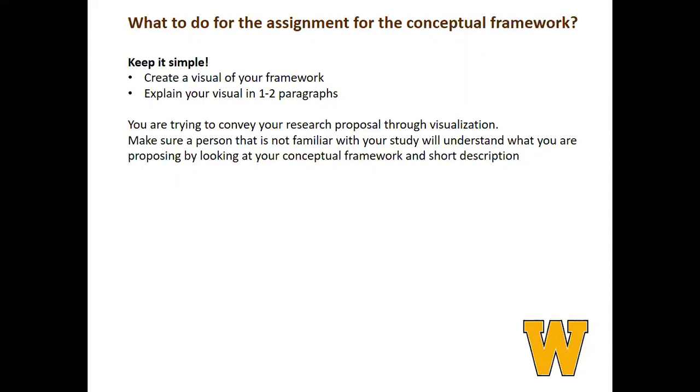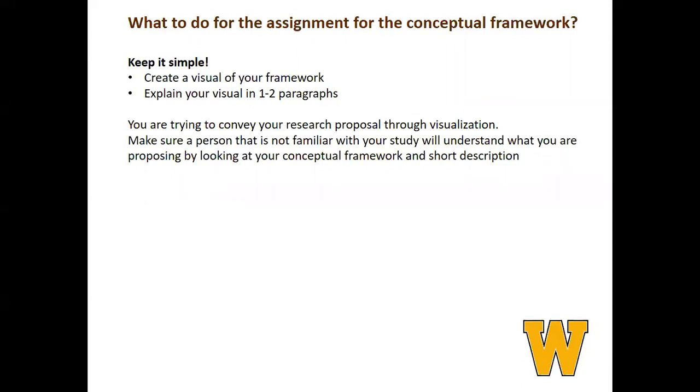Create a visual of your framework and then be able to explain the entire framework in 1 to 2 paragraphs. You need to explain it well enough so somebody else could pick it up and implement it, but not with so much detail that they get lost in the different things that you're trying to present.